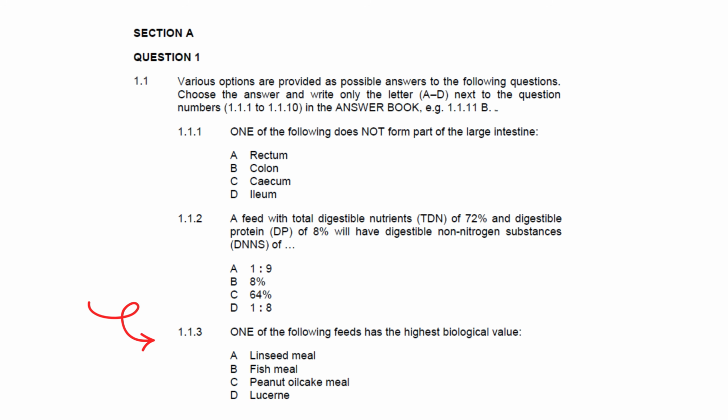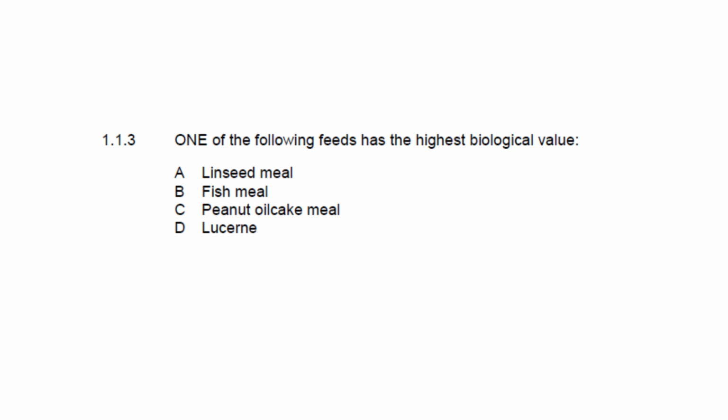The biological value refers to how efficiently protein is used by the body. Looking at those options, fish meal has a complete amino acid profile and is highly digestible. So the one with the highest is option B, the fish meal.